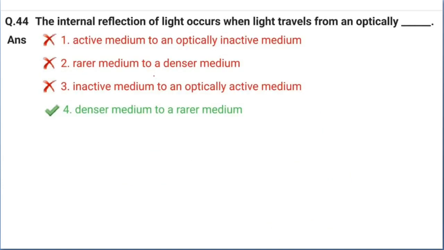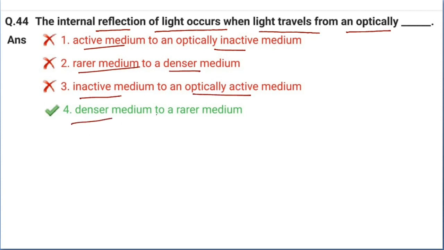Now question number 44. Total internal reflection of light occurs when light travels from an optically active medium to optically inactive, option 2 rarer to denser medium, option 3 inactive to optically active, option 4 denser to rarer.